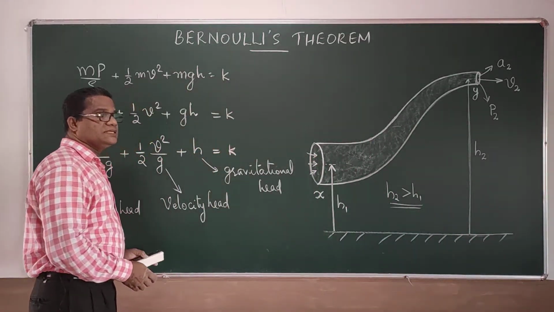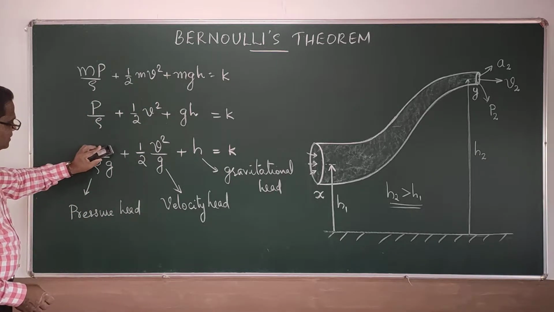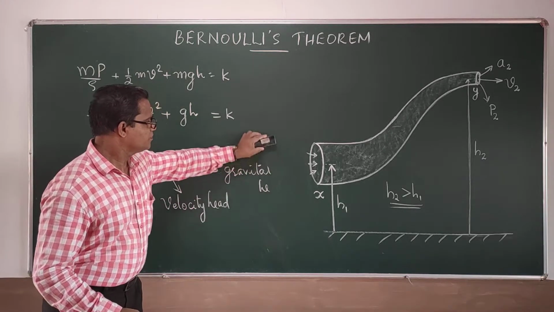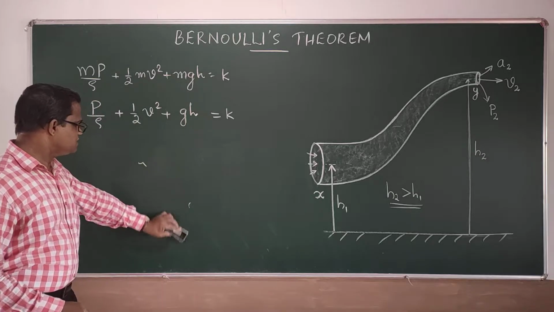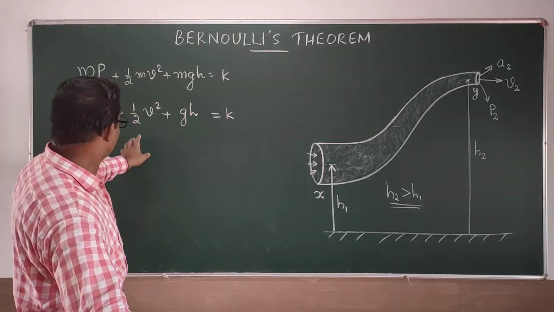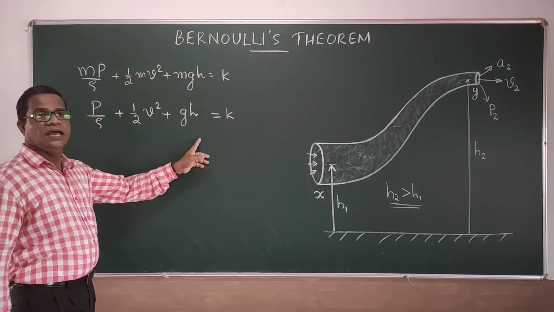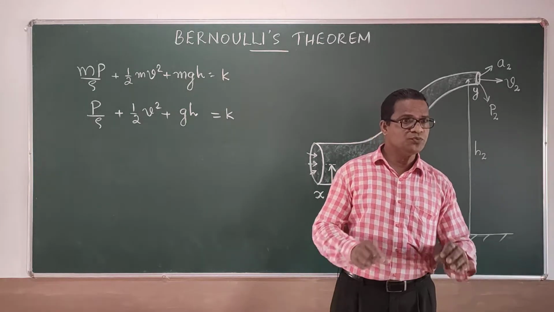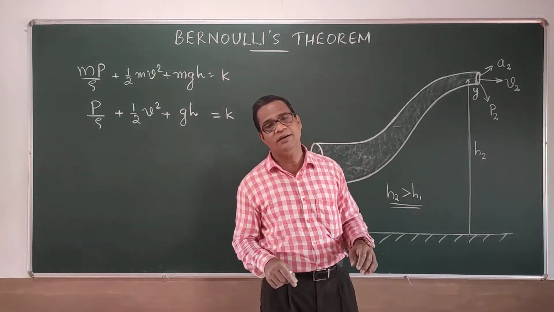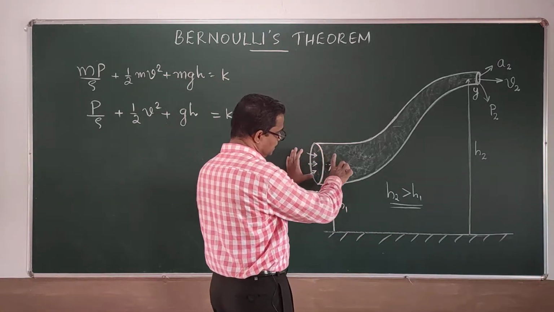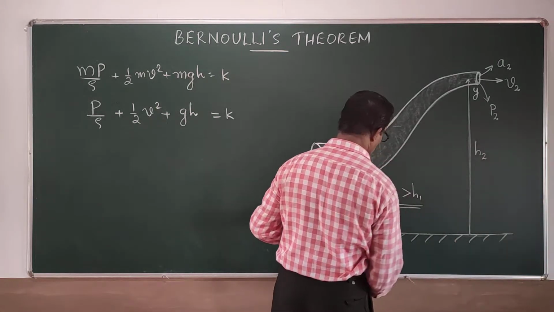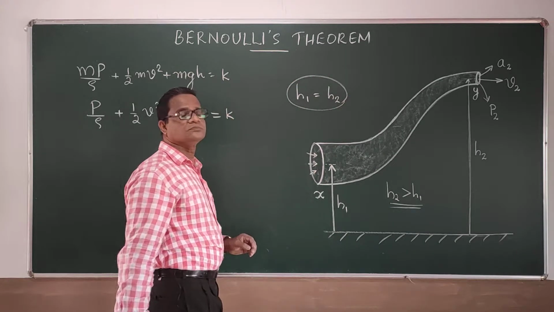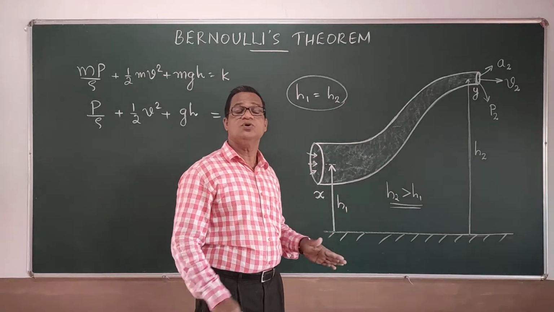Another special case: if I take this particular equation and assume that the tube is held horizontal, horizontal means if I stretch this one and make it horizontal, H1 is going to be equal to H2, if it lies on the horizontal ground.